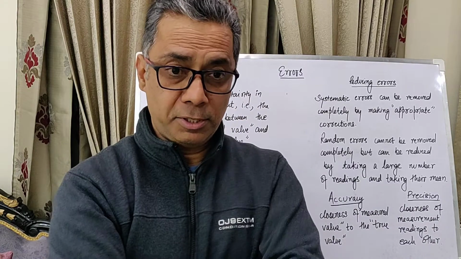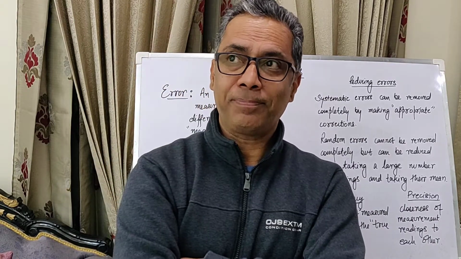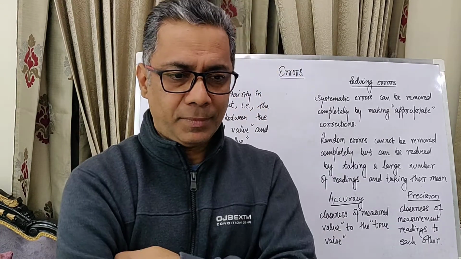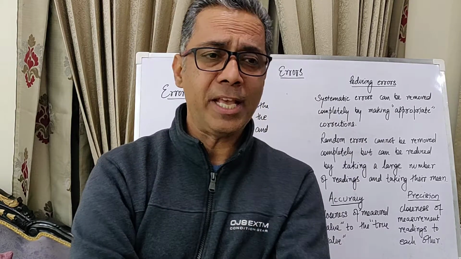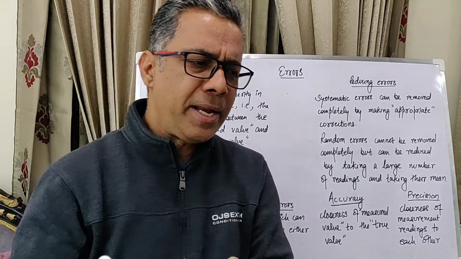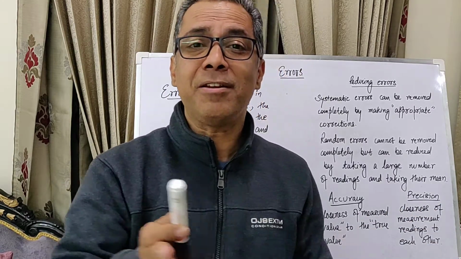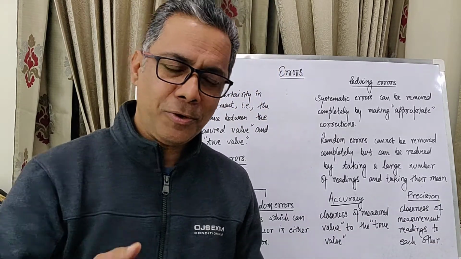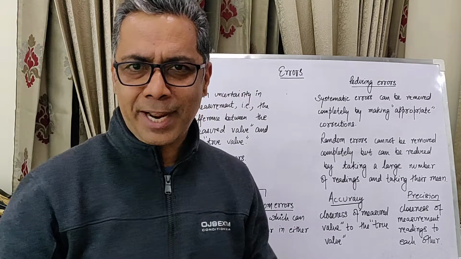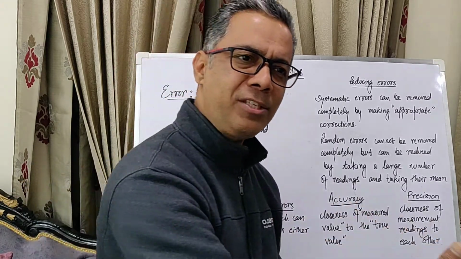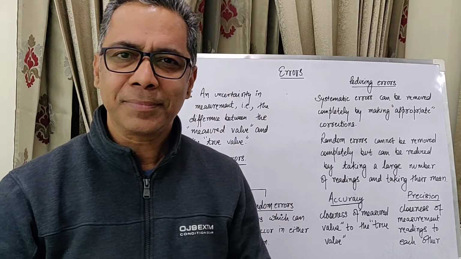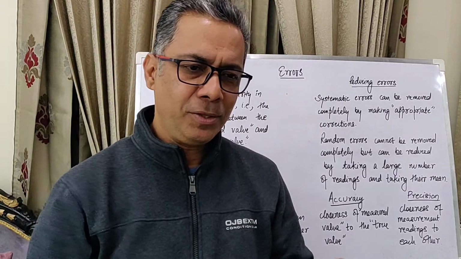Now, what's direction for an error? I mean, do errors have direction? Yes, kind of. An error can be an overestimate or it can be an underestimate. So there can be two possible directions for an error: an overestimate or an underestimate.